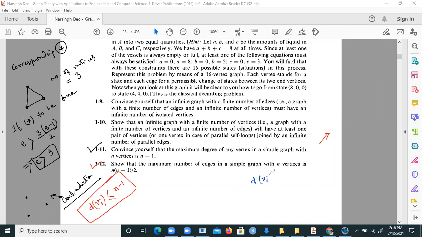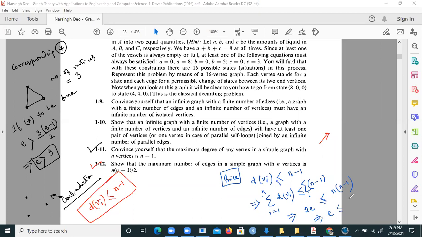Since the degree of each vertex is less than or equal to n minus 1 from our example 1.11, this implies that the summation over all the degrees should be less than or equal to n into n minus 1, and this implies that twice E must be less than or equal to n into n minus 1, and this implies that E must be less than or equal to n into n minus 1 by 2, which proves that the maximum number of edges in this particular case should be n into n minus 1 by 2.